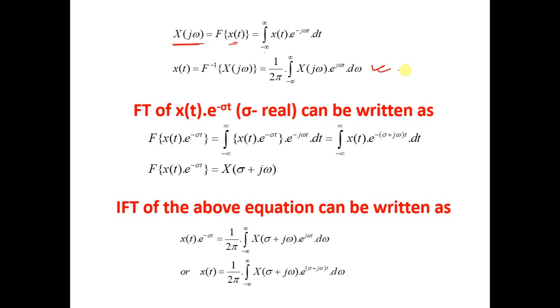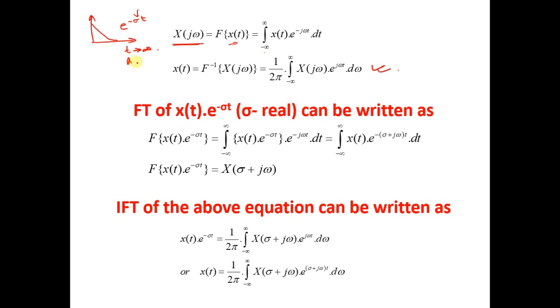Now, how can we analyze these signals? The simplest thing is that we multiply the signal with a component given by e to the power minus sigma t, where sigma is a real number. So at time tending to infinity, what would be the amplitude?